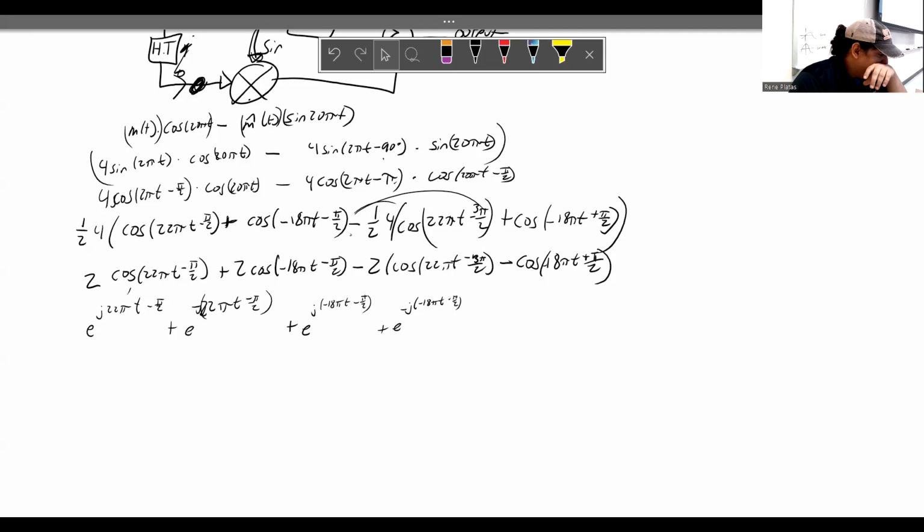Sine cosine, I turned this one to cosine. That's one way to do it.